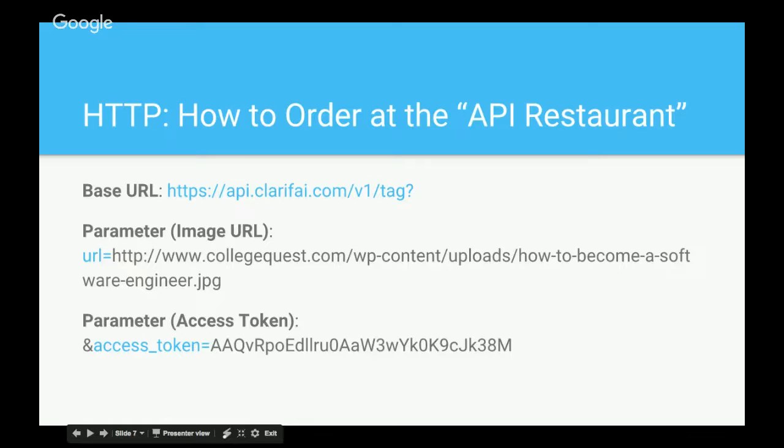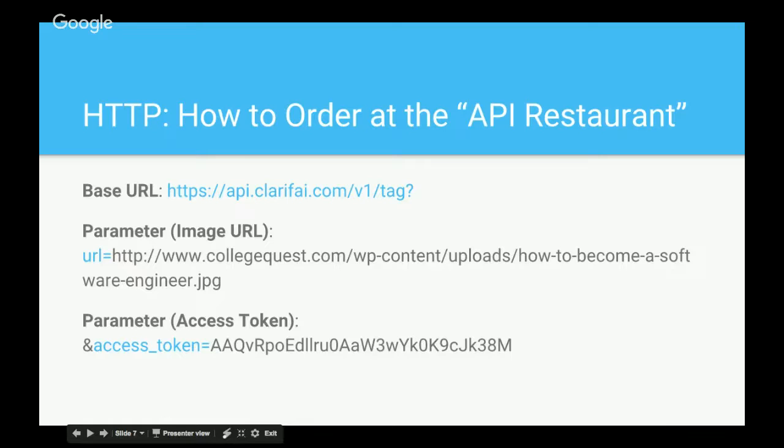The ones used here in this Clarifai example do not reflect the ones needed in, say, an API used by Facebook. But I'll briefly cover what they do anyway. The URL parameter is set equal to the URL of any image on the web, and the access token parameter is set to your unique authorization code to use the Clarifai API.